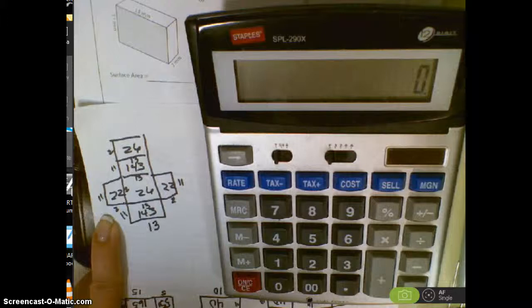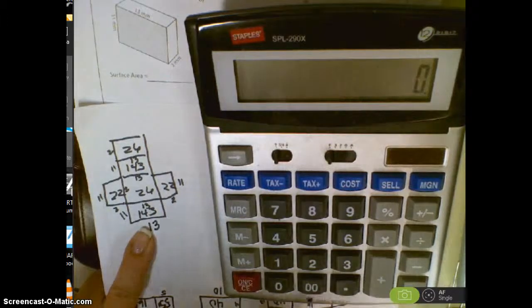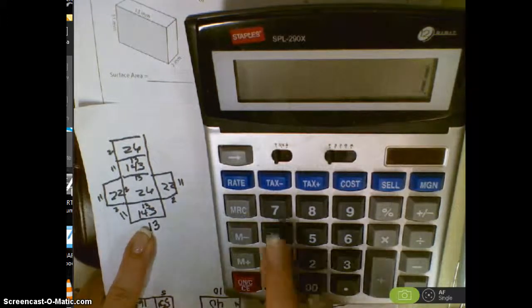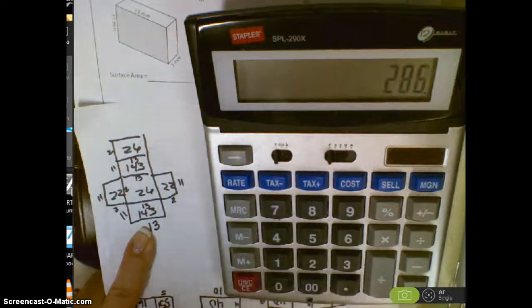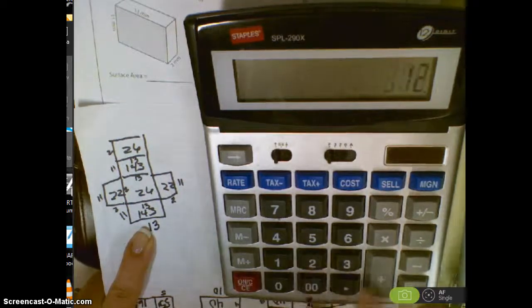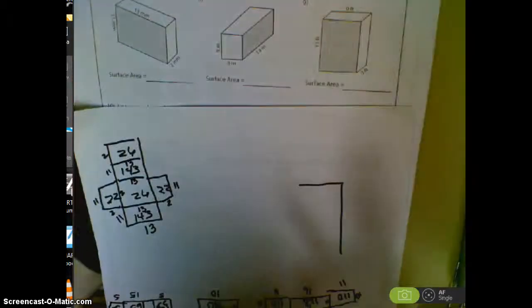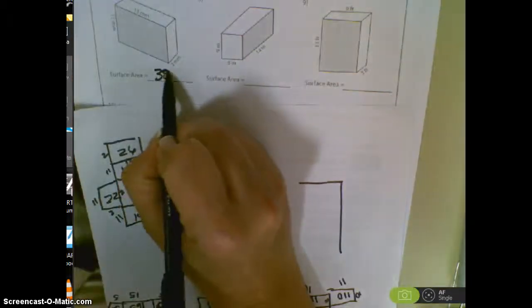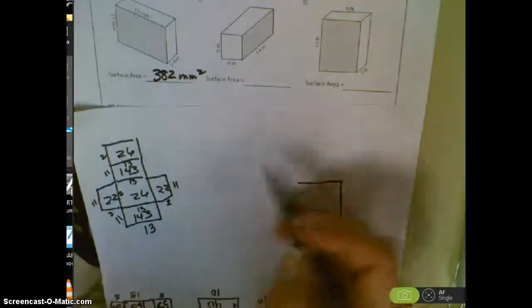Uh-oh, I think I got it wrong. Let's try it again. 143 plus 143 plus 26. I'm in too big of a hurry here. 22 and another 22 equals 382 millimeters squared. We'll do 2 more here.